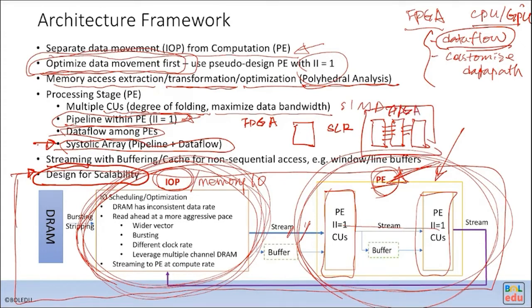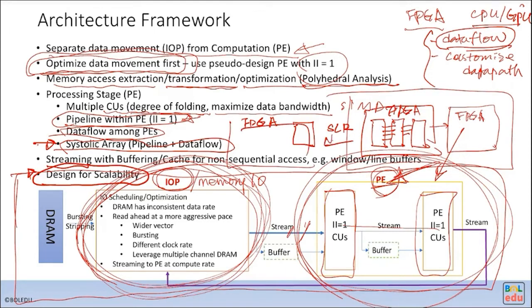In a system, you can have multiple FPGAs connected to one host, and multiple FPGAs can interconnect with other FPGAs through the network.